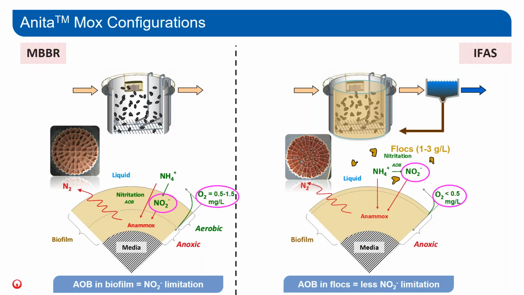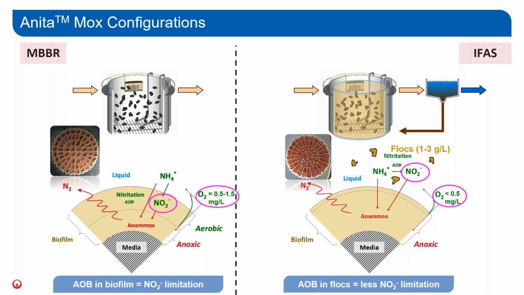And the advantage that we have with our carriers is that we don't need to provide several steps in tankage to provide proper metabolic pathways. Everything that we want to accomplish, whether it's nitrification or Anammox or flocculent system, could be accomplished all within the biofilm on the chip itself.